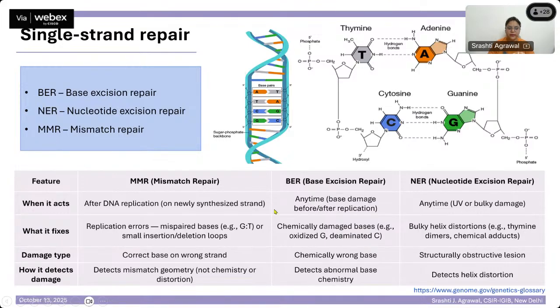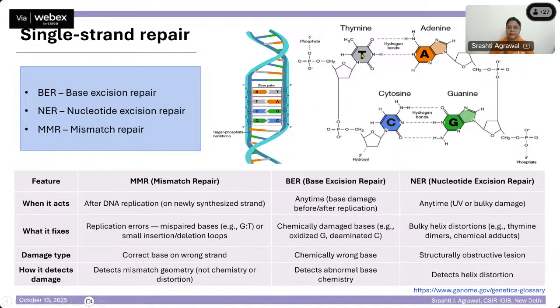Then we have mismatch repair, which takes place after the replication has occurred, on the newly synthesized strands. So wherever the mismatch repair machinery feels like there are lesions or bulges occurring after replication, it corrects the base on the wrong strand wherever the mismatch is present.